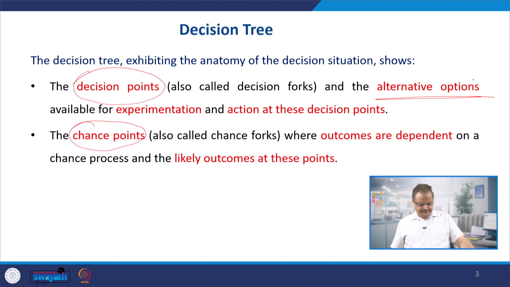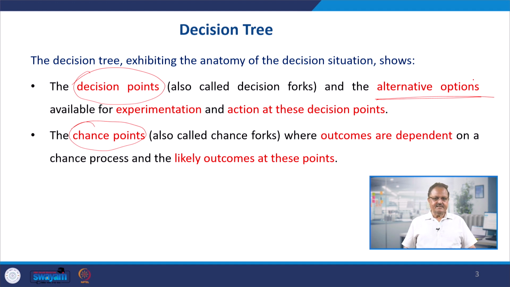And finally, we will have to take a call whether to implement that decision or not to implement the decision. That will be based upon experimentation or on the basis of the number of options to be evaluated, which will be based upon certain data or certain inputs.